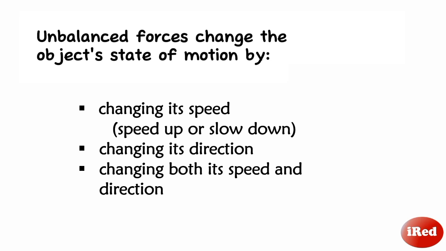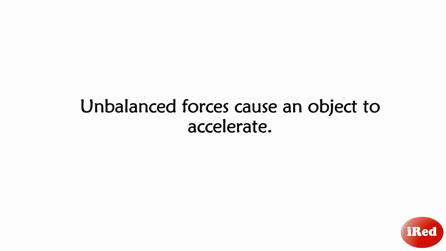Or third, unbalanced forces may change both the speed and direction of an object. In other words, an unbalanced force or net force causes the object to accelerate. Or when an object is accelerating, it means that there is a net force or an unbalanced force acting on it.